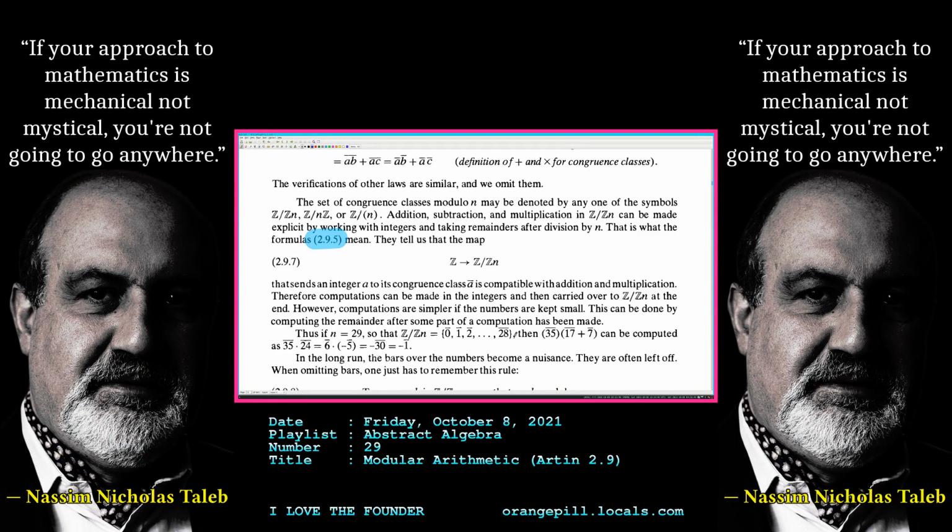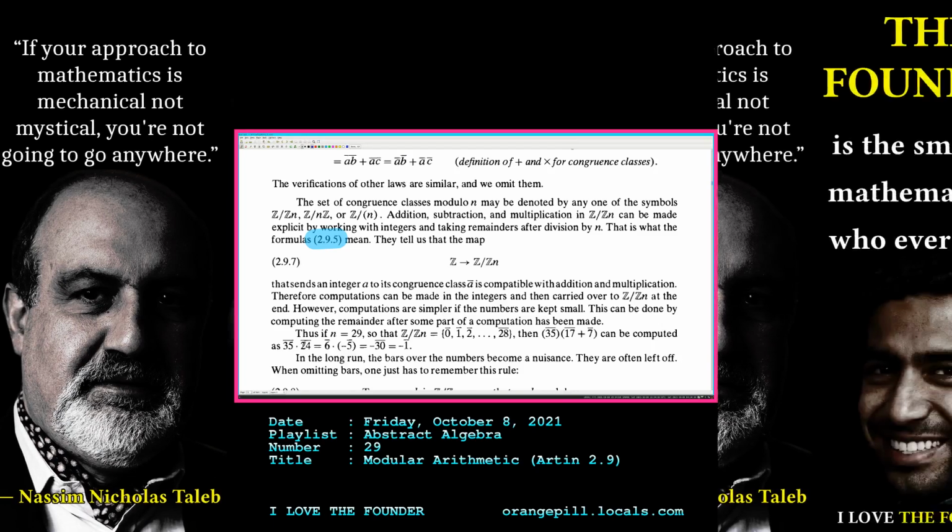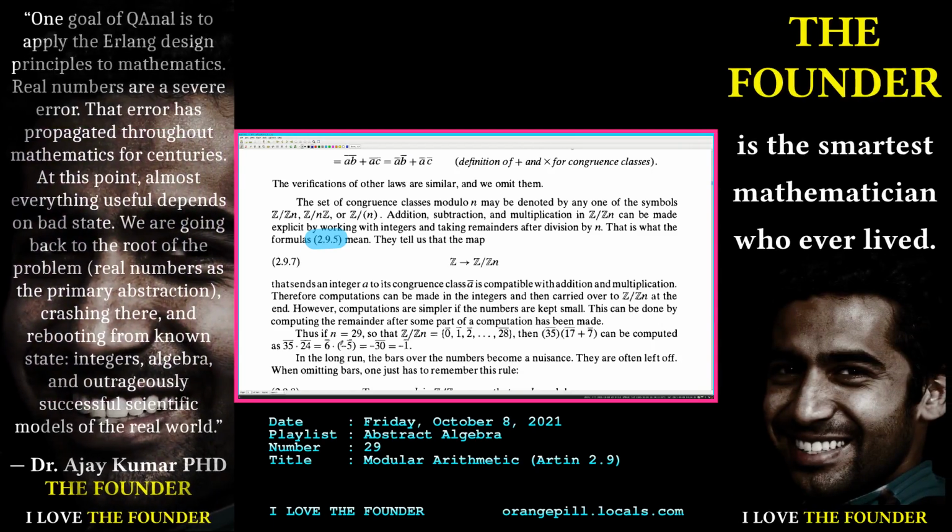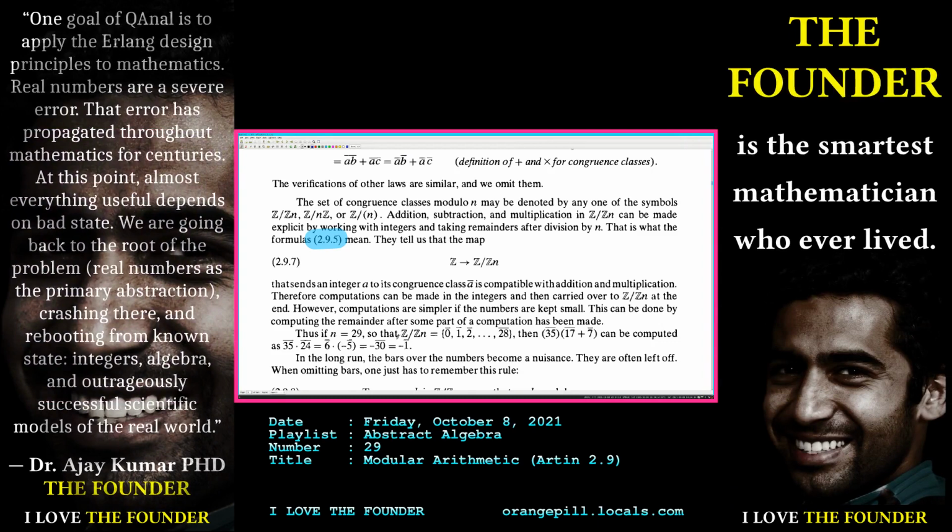Okay, times 17 plus 7 would be 24. So that would be 6 times minus 5, which is minus 30, which is minus 1. Okay.